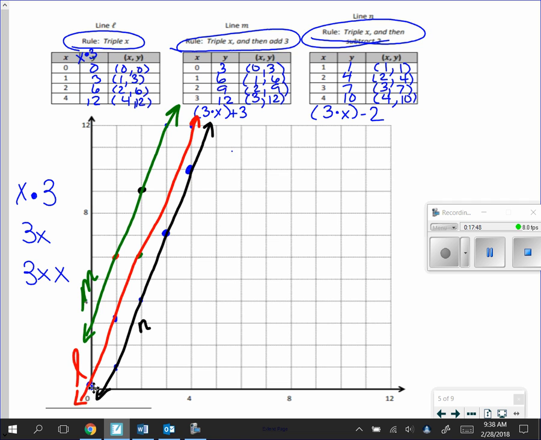So, finding y. Any questions about how to find y? Aiden?